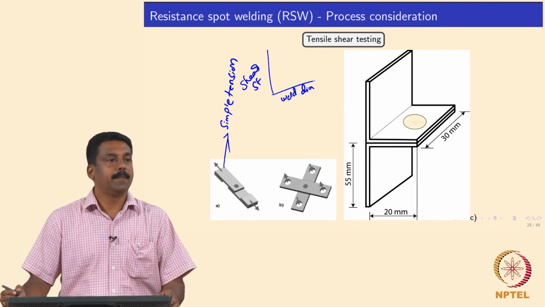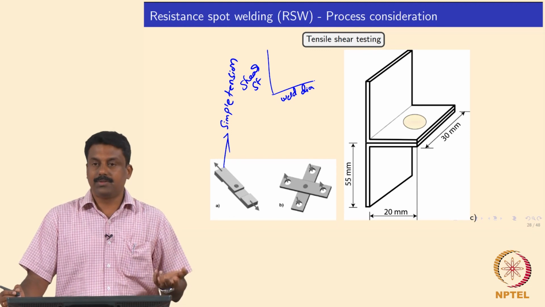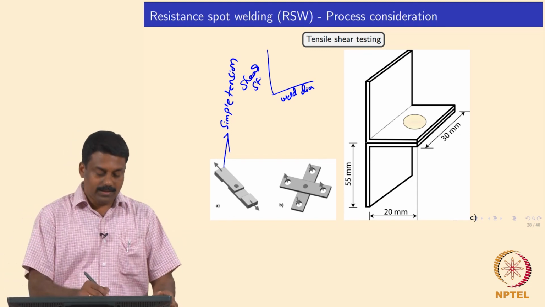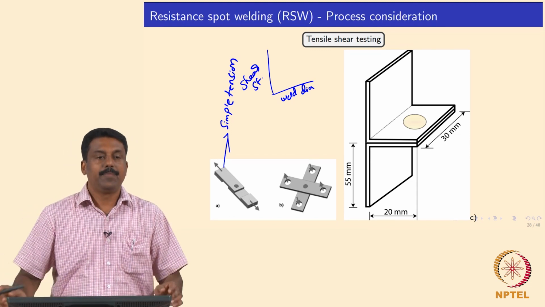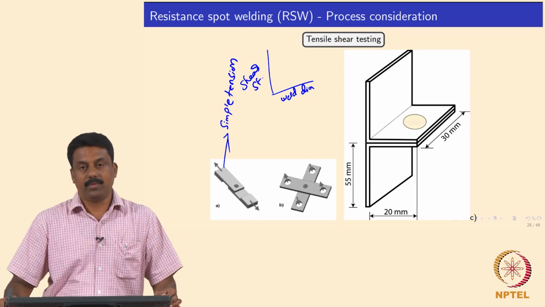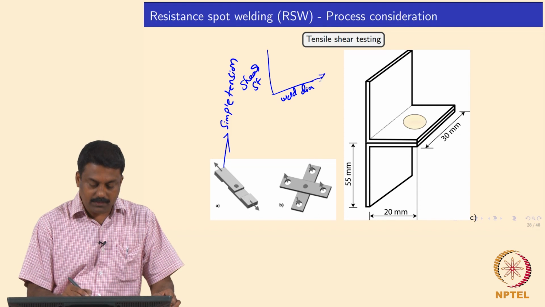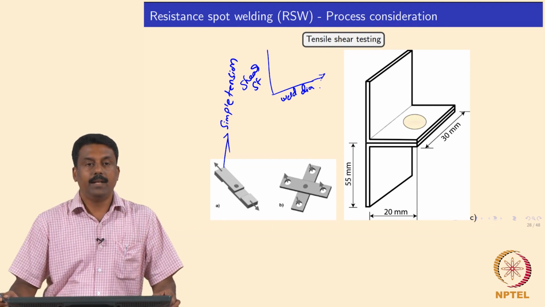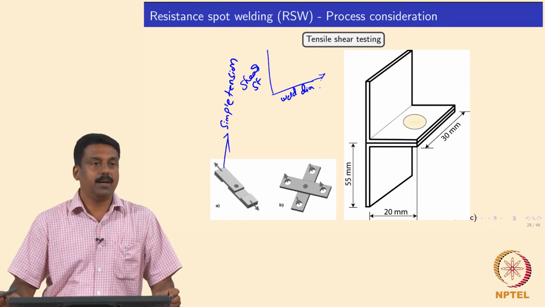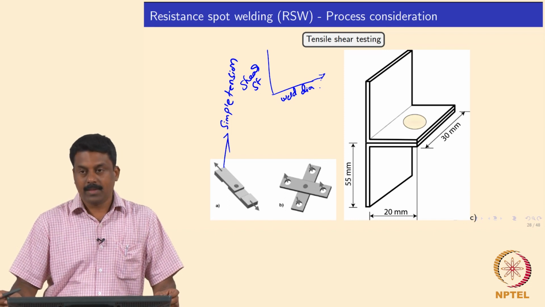Weld diameter, and this follows a similar trend as the current arc. So, shear strength can also be replaced with the elongation as well. Generally we plot the shear strength as function of weld diameter and identify what weld diameter obviously gives the best strength, right.